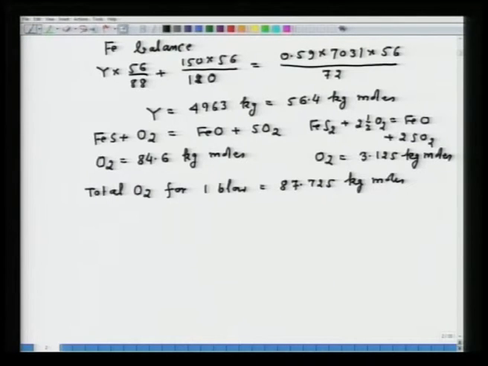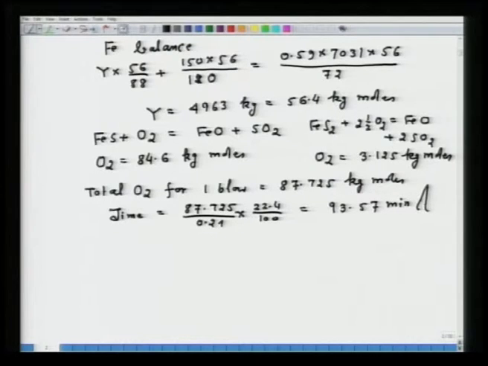Now the time we can calculate: 87.725 upon 0.21, that is the amount of air, into 22.4 upon 100, because we blow 100 meter cube per minute. So, the time is 93.57 minutes. So, that is the answer for the time for the first blow.